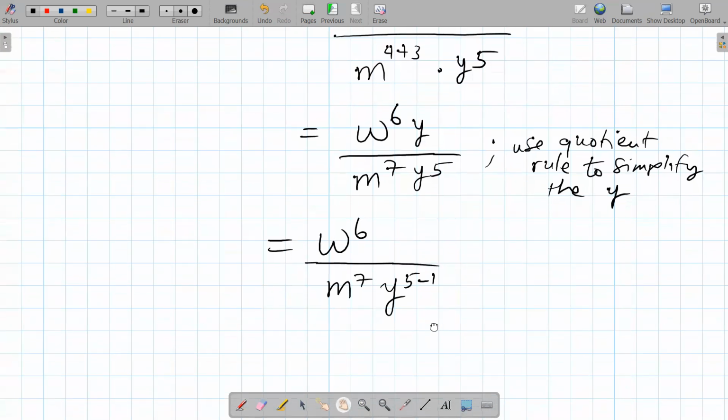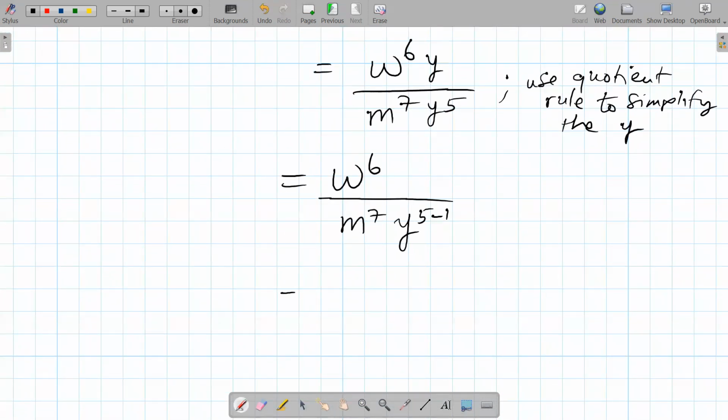And at the end of the day, you would simplify your result. W6, Y6, M7, and Y4.